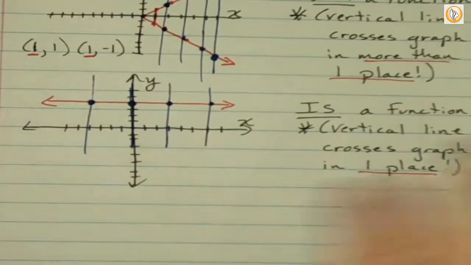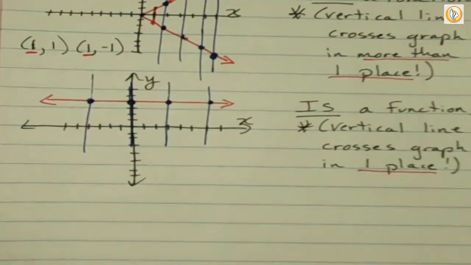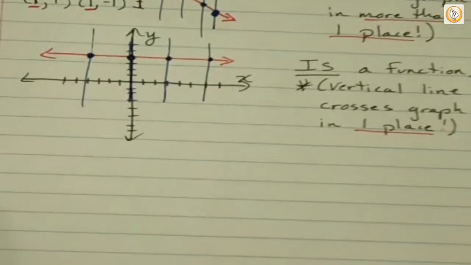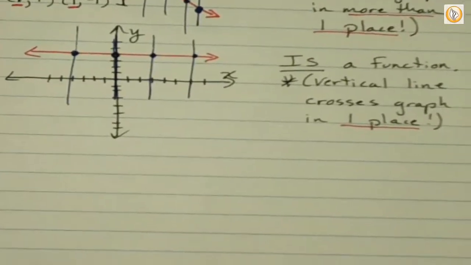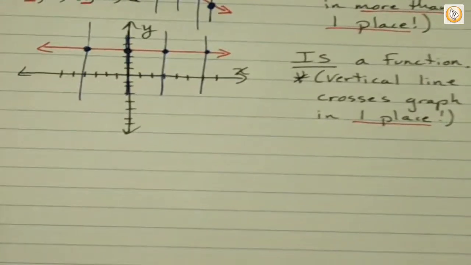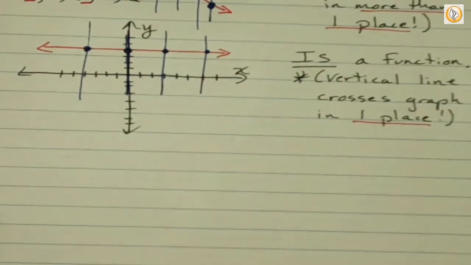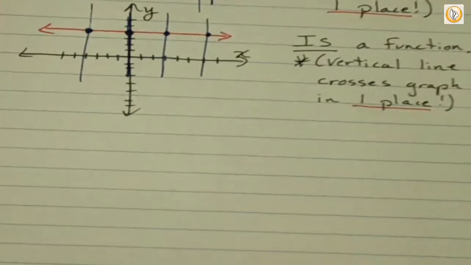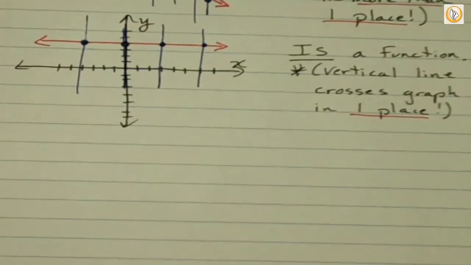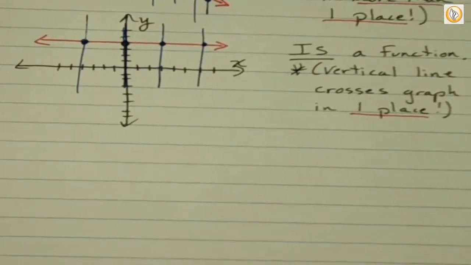So do we understand the difference? So anytime it crosses the graph in more than one place, it is not a function. Any questions?